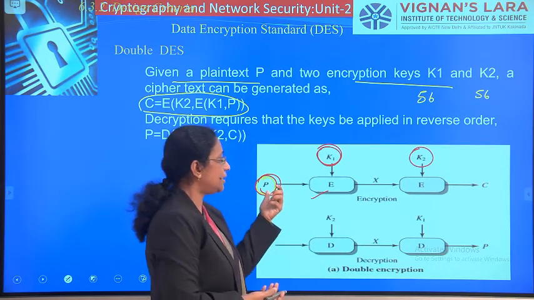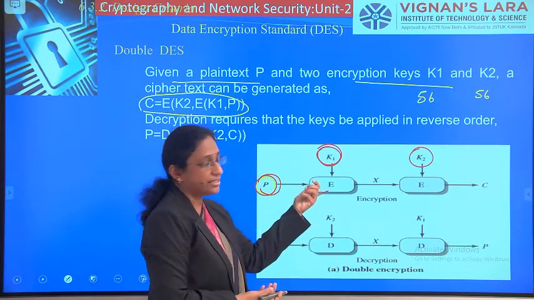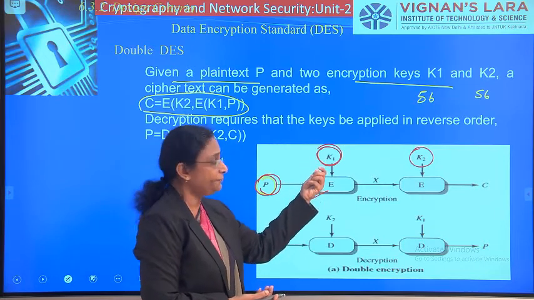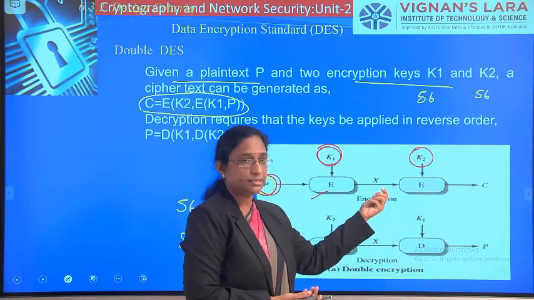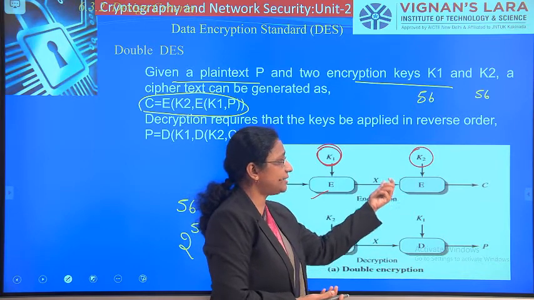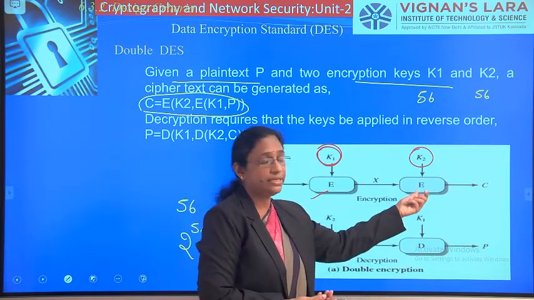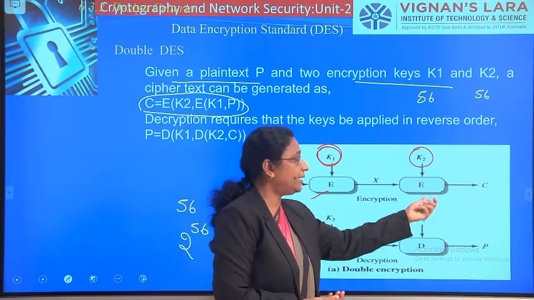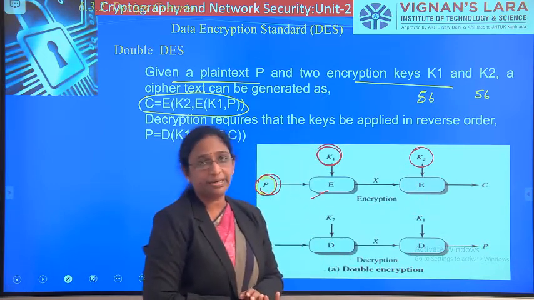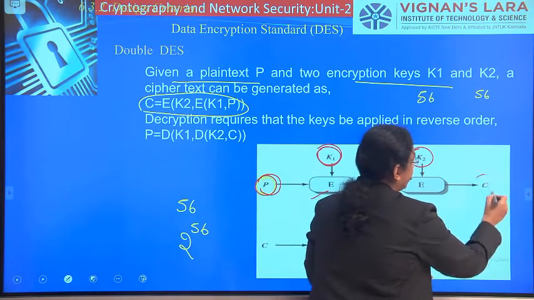First the plain text is encrypted with the DES algorithm with key K1, and we get a ciphertext. That ciphertext is again encrypted by applying the DES algorithm with the different key K2. Whatever ciphertext we get then is the final ciphertext.